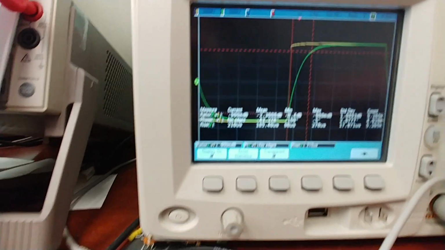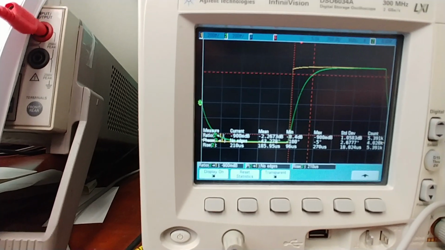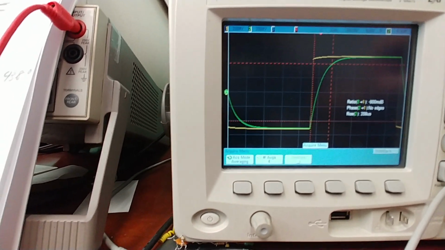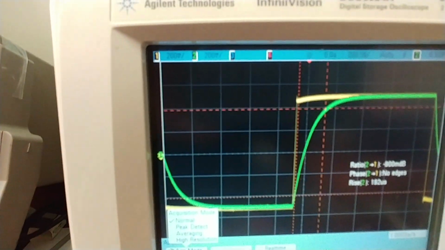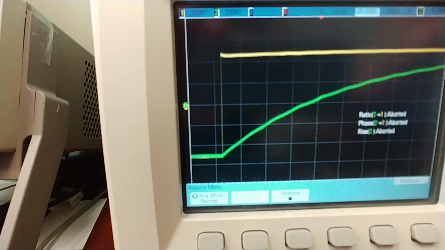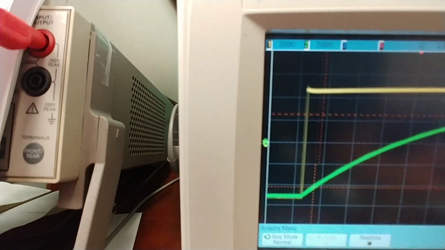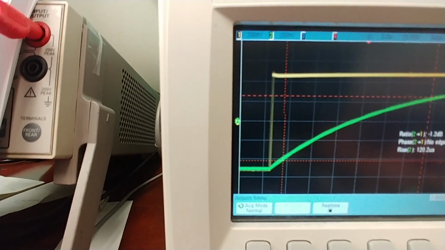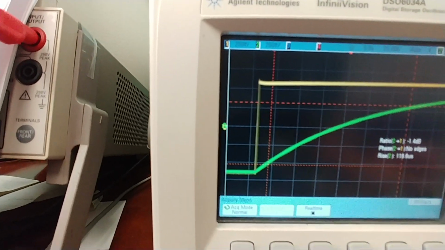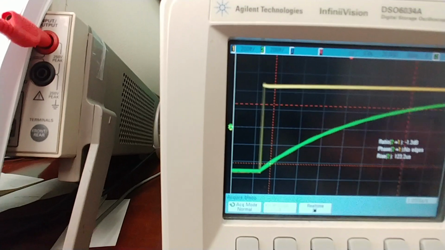And if I put it onto normal mode, you can almost see, as it goes up and comes down, it almost looks like the input is a notch filter. So the input isn't really a step. So maybe that's what's causing the issue.